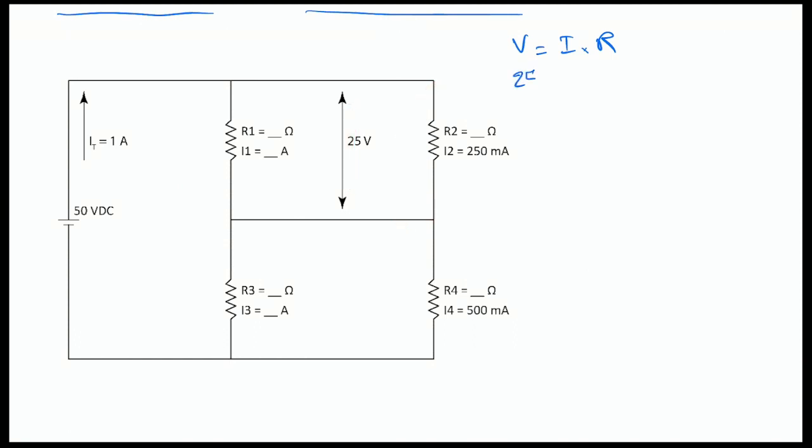So 25 as the voltage drop equals 0.250, which is 0.25, multiplied by R2. That's how we are going to calculate R2. Then it is 25 divided by 0.25, which is going to be 100 ohms. So we're going to write 100 ohms right here.